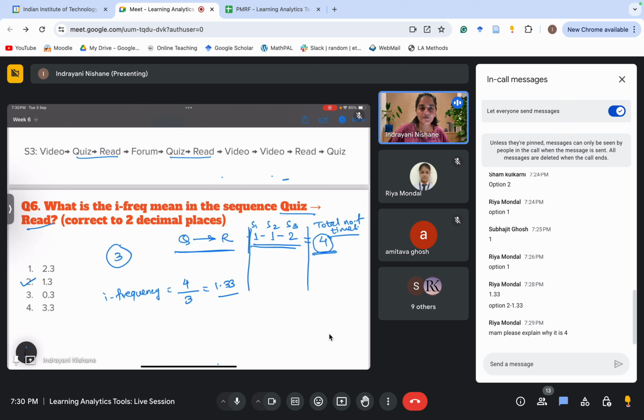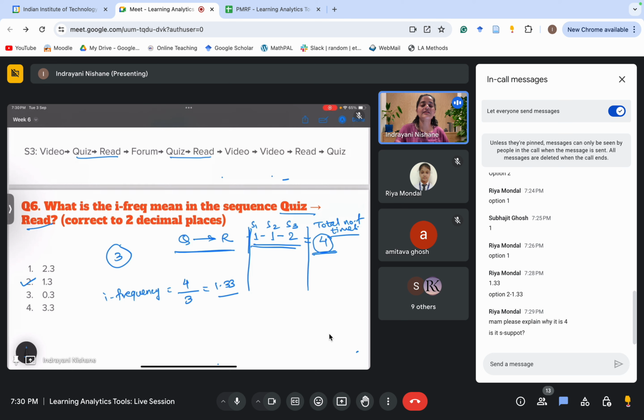Now how many times has this sequence occurred in our entire sample log data for S1, S2, S3 together? This sequence has occurred 4 times, and for 3 students, so 4 divided by 3 tells us the frequency of the transition quiz to read for each student.